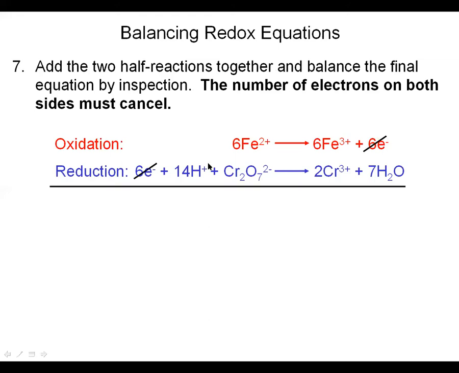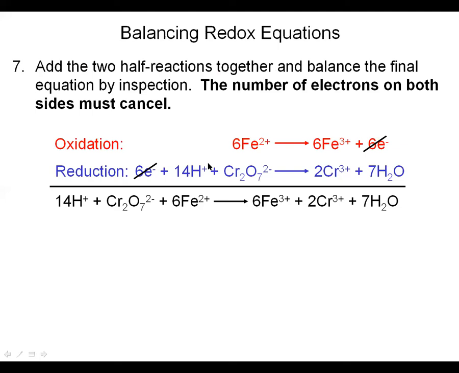Then everybody on the left-hand side of the arrow stays on the left-hand side, and everybody on the right-hand side stays on the right-hand side. This equation here represents the balanced equation in acidic conditions.